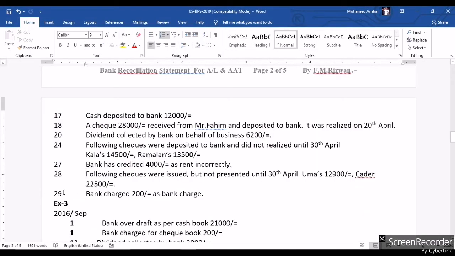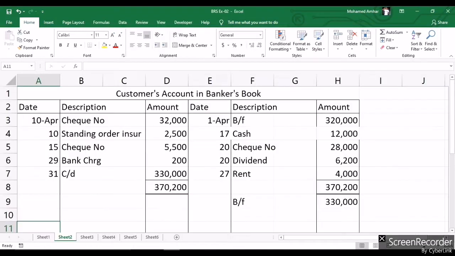So next, 29th, the bank charged 200 as bank charge. So the bank charge would be debited by the bank on 29th. Bank charge 200 is debited, right?